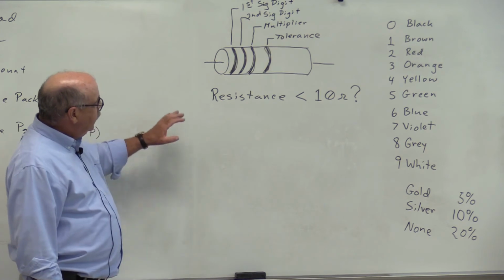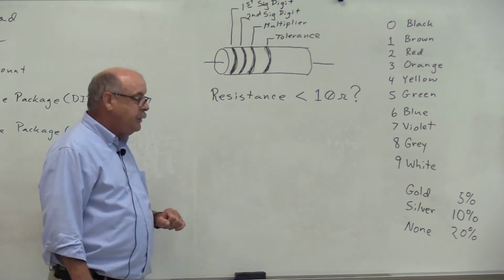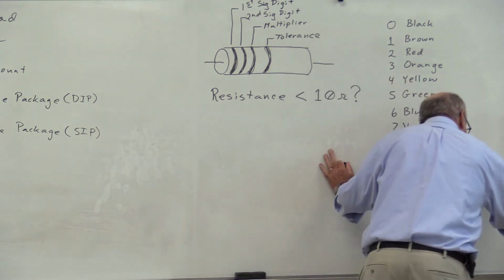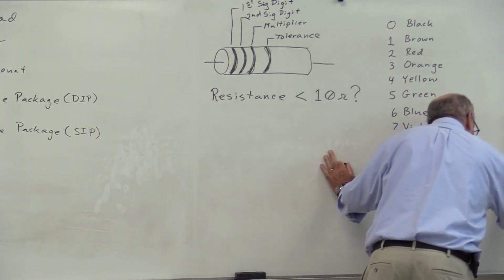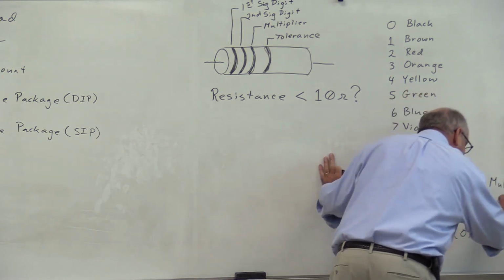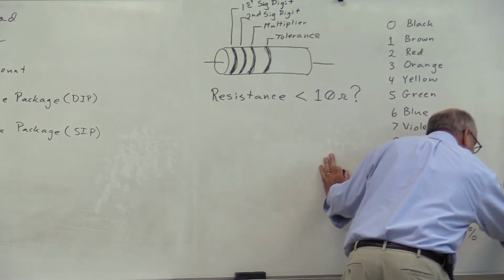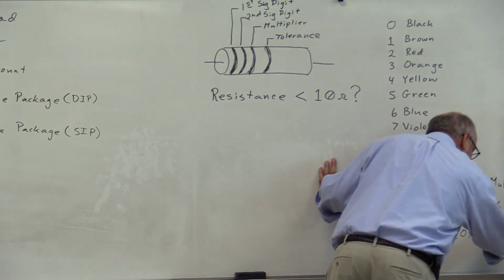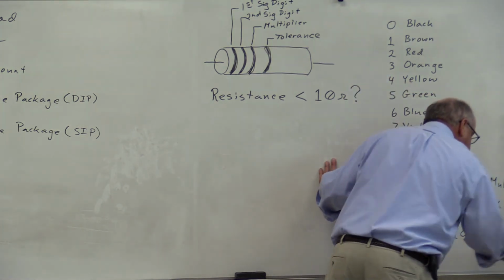So, in the case where we have resistances less than 10 ohms, for my multiplier, gold means times 10 to the negative first power, and silver means times 10 to the negative second power.